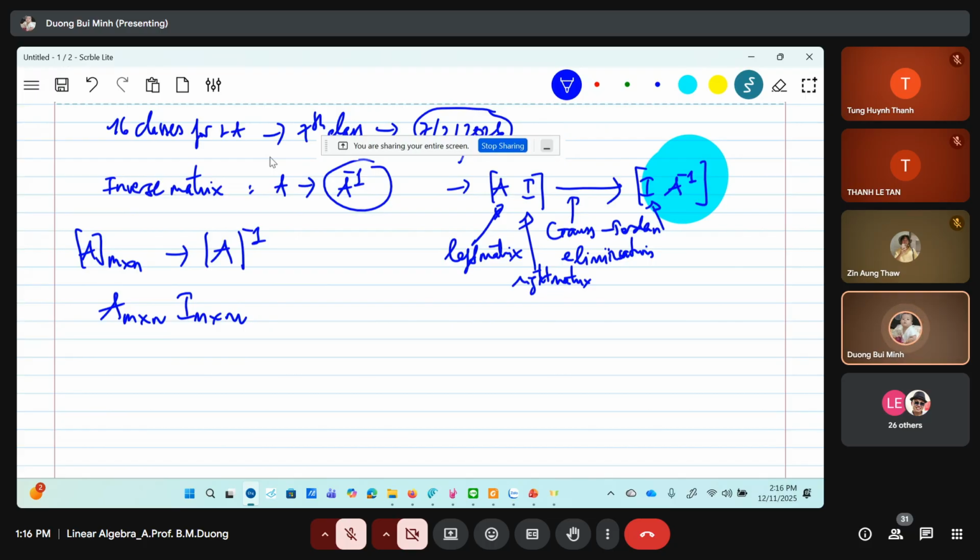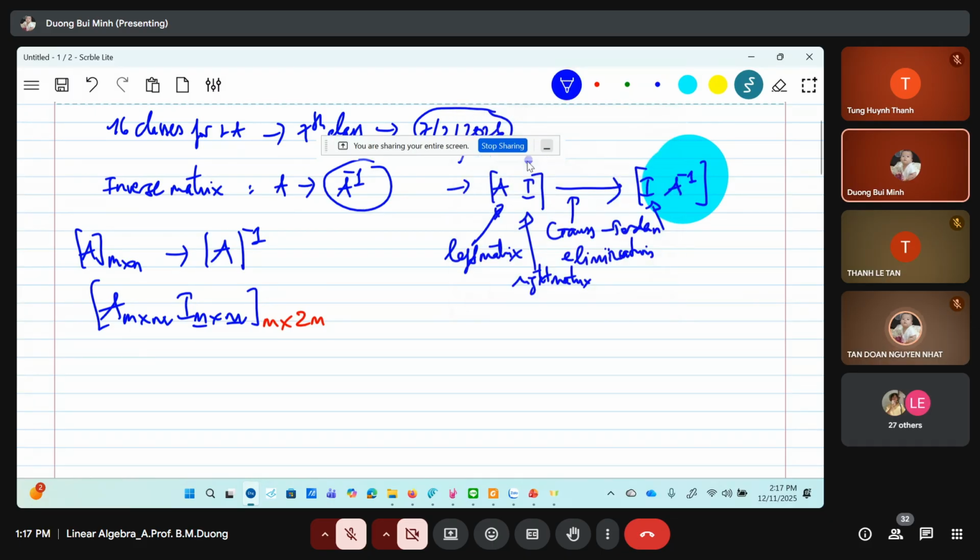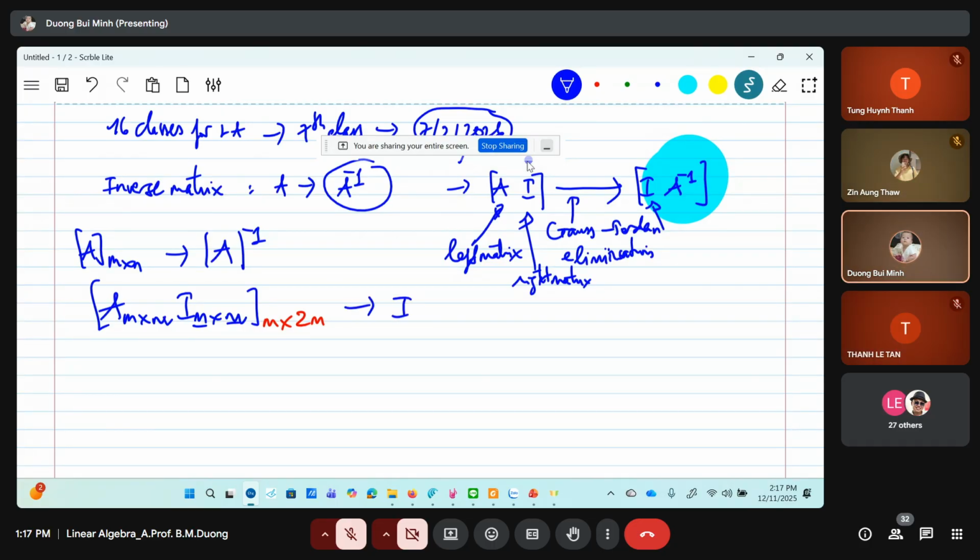But actually, when we calculate the inverse of a matrix, A must be a square matrix, so A is m by m, with m rows and m columns. So here we have m rows and 2m columns. After that we apply Gauss-Jordan elimination. You get I (m by m) and here is the inverse of A. So this is the idea, this is the method to determine the inverse of the matrix.